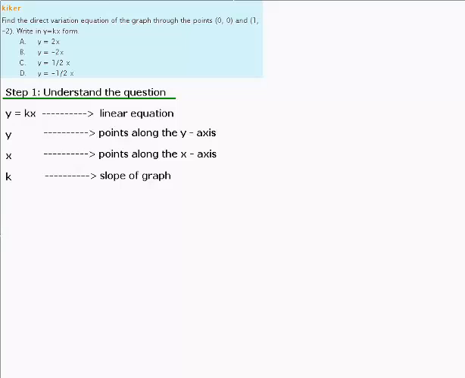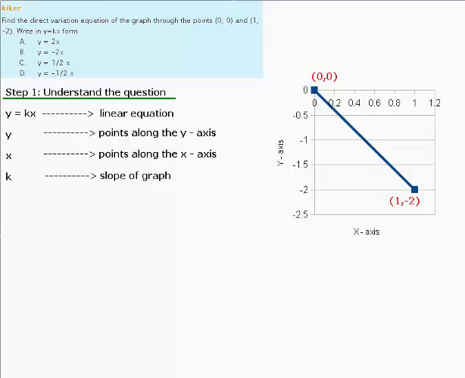We've also been given the 2 points, (0, 0) and (1, -2). If we were to plot these points on a graph, it would look something like this, where (0, 0) could be called our first point that represents the values for x1 and y1, and point (1, -2) represents x2 and y2.